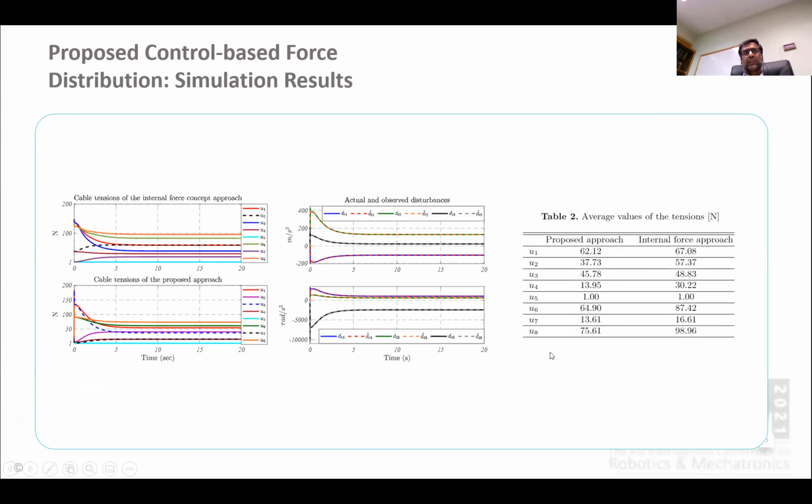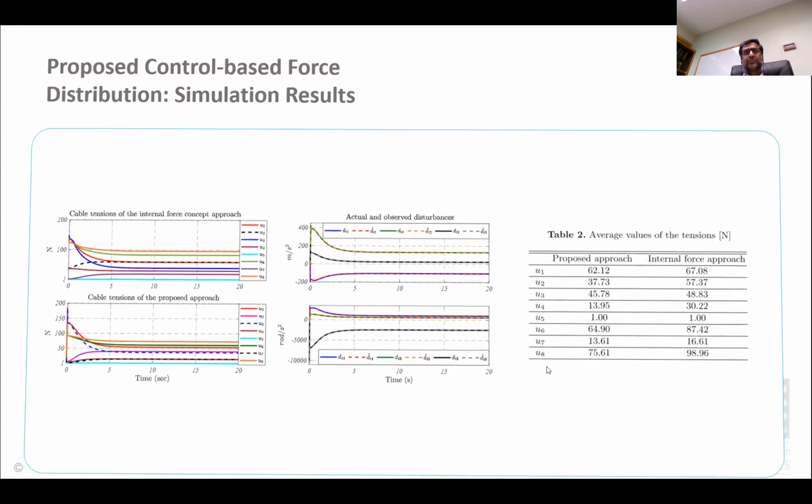In this slide, you can compare the control effort with the internal force-based method and with the control-based force distribution method. As you see, in the proposed approach, the magnitude of the cable force is lower than in the internal force approach.